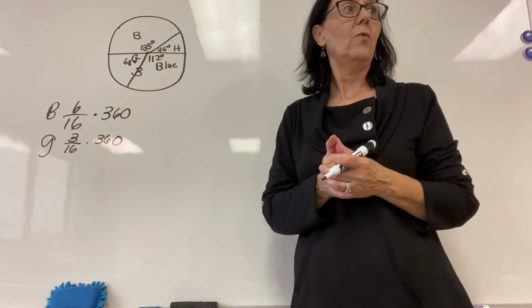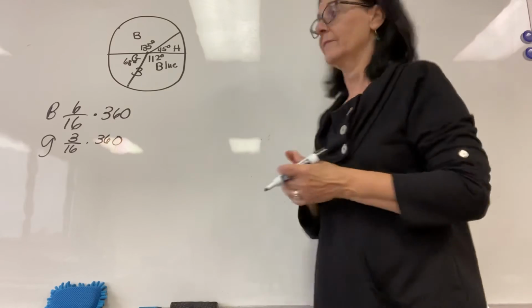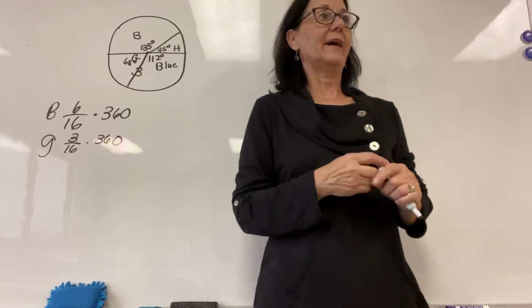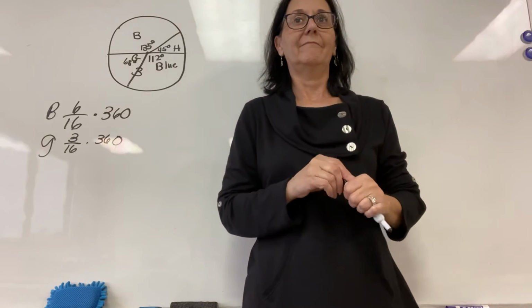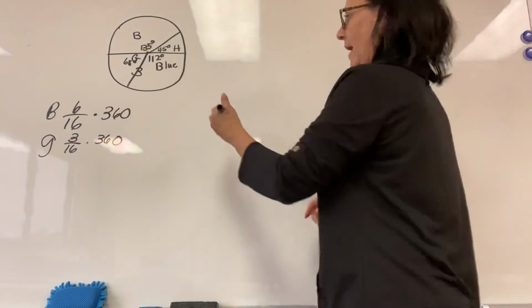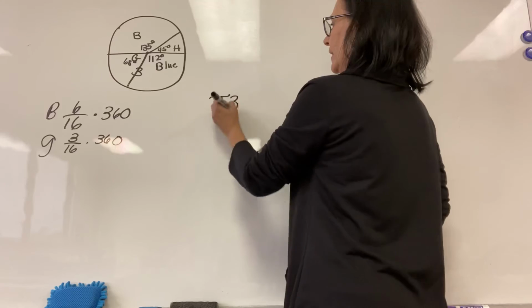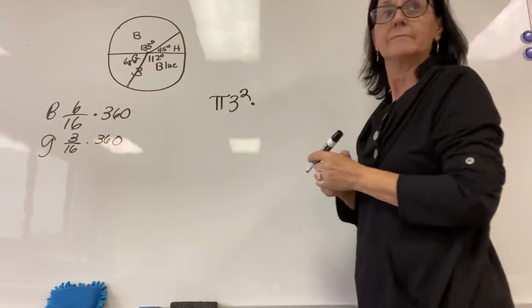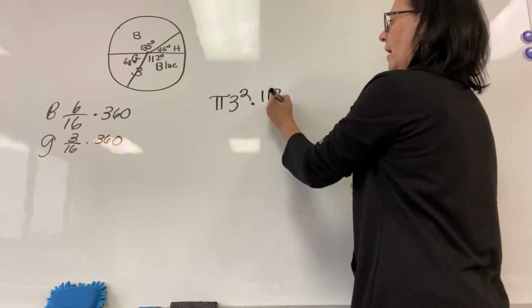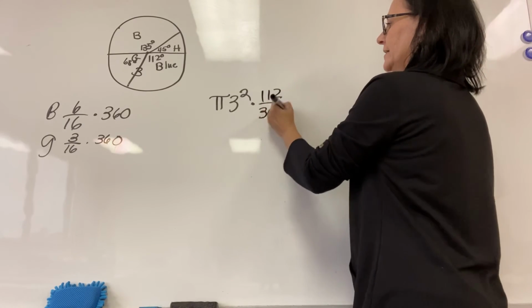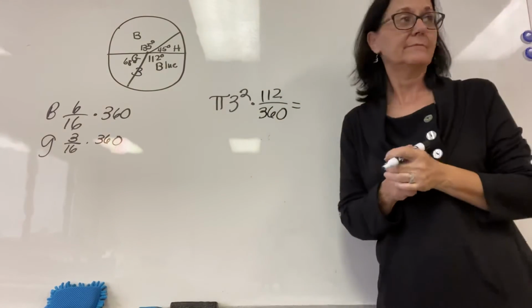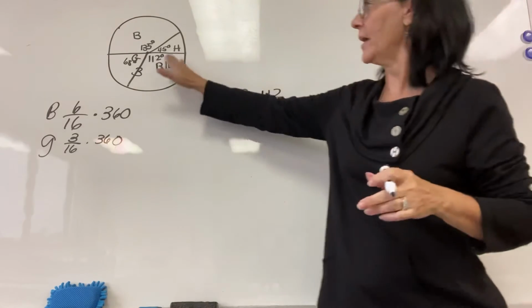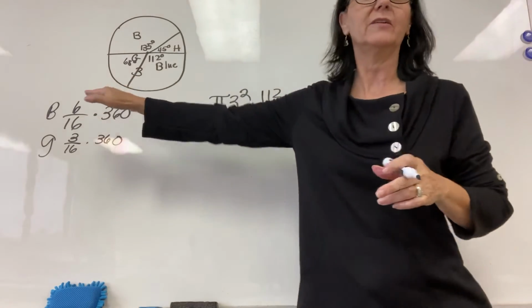You would do area, pi 3 squared. So it's pi r squared times 112 over 360. What is that? So that would be the area represented by the sector that's blue.